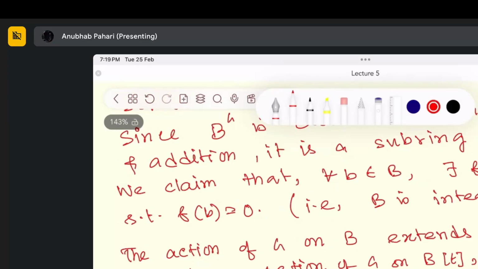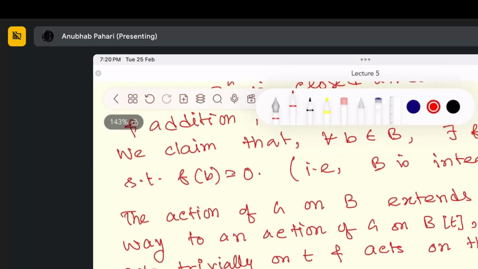For each sigma belongs to G, sigma of f(T), which is the product of T minus sigma of lambda, should be equal to the product of T minus lambda, which is f(T).